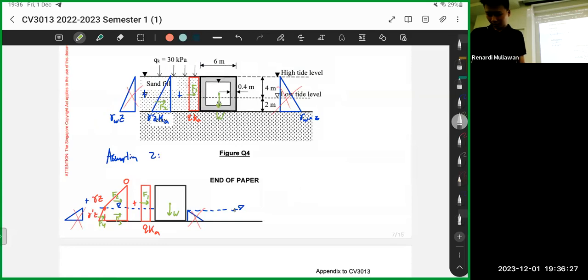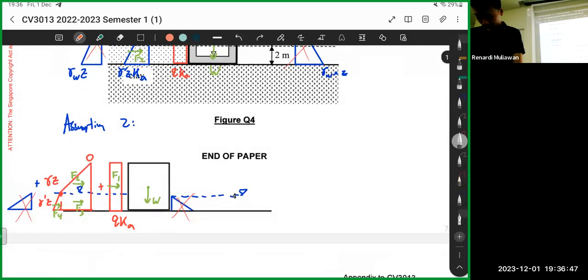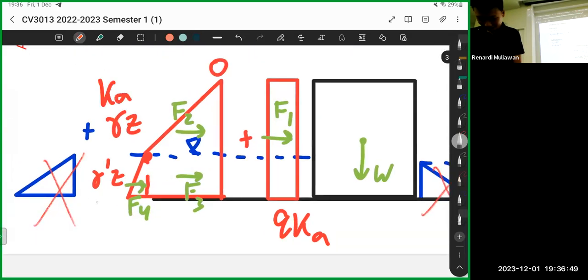Because we don't know this area basically. That's why we don't know which one is more critical. That's why we have two cases. Okay, high tide or low tide. Understand? Yeah, it will take a lot of time.